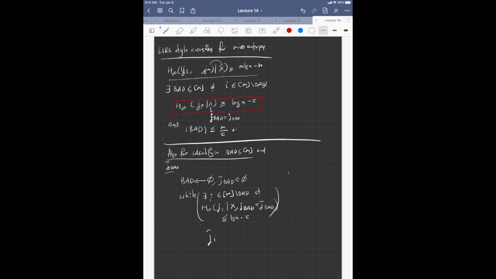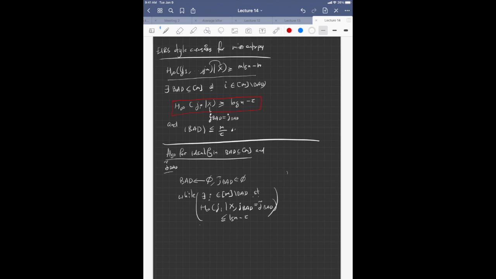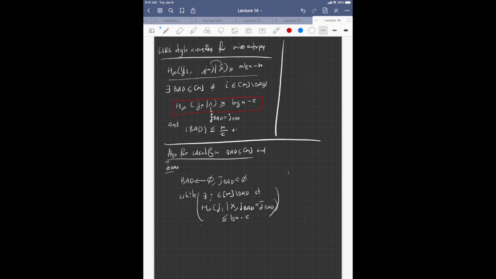So to do that, let's just use this definition. Let me do this calculation here. Since H infinity of j_i, given x and j bad equals j tilde bad, is strictly smaller than log n minus tau, what does it mean?